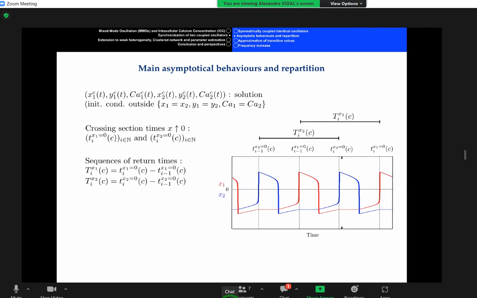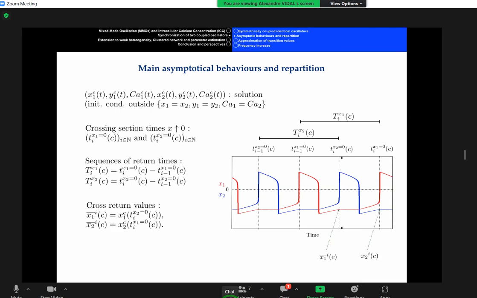Then we have computed the sequences of return times, meaning, in some sense, the time lapse between two successive large oscillations of one oscillator. So we have two oscillators and two sequences of times, Ti x1 and Ti x2, depending on C, because it's the parameter that we are interested in, and the repartition of the behavior according to C.